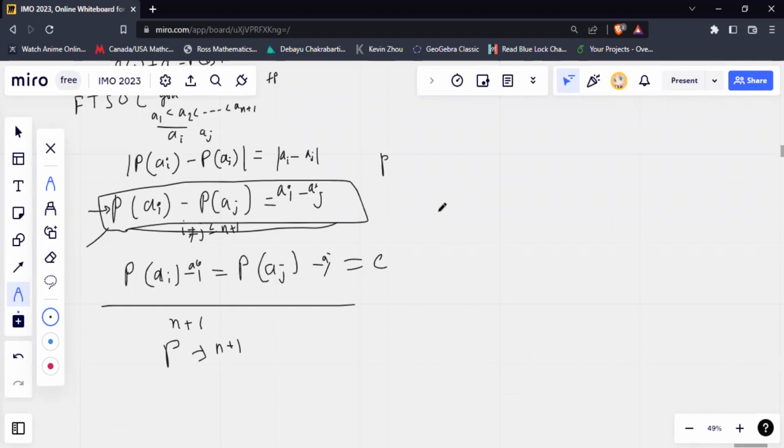Suppose you have two things. You have PAI minus PAJ equals AI minus AJ. Assume that PAJ minus PAK equals AK minus AJ. That's the opposite thing.